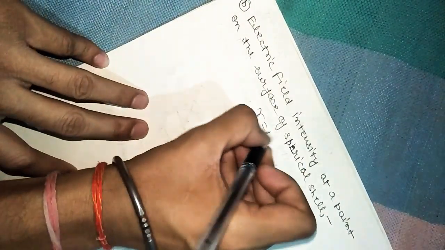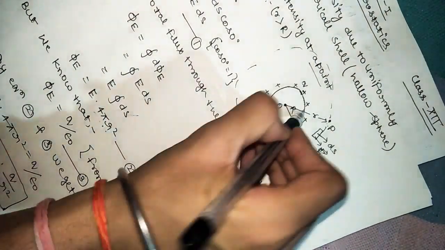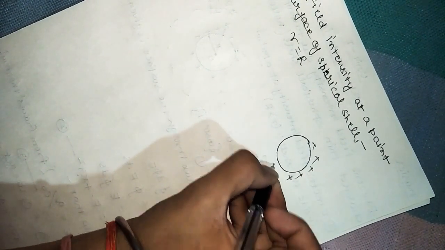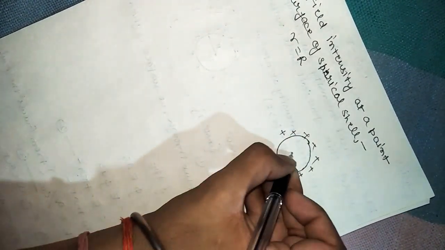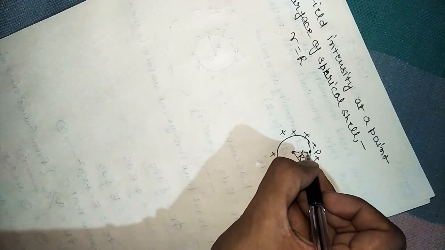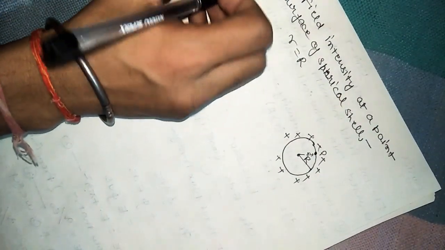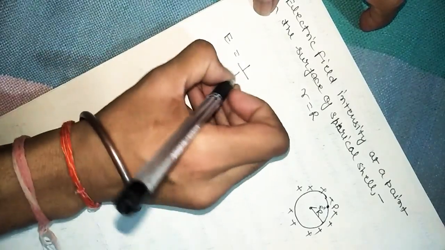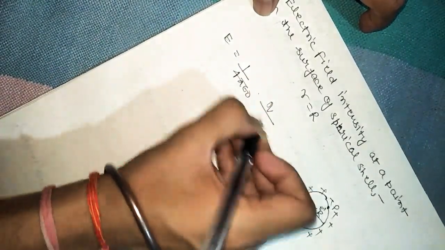So here small r would be equal to capital R. The point is lying on the surface. The diagram can be made as usual: we take a hollow sphere of radius capital R and take point P at the surface. So here small r is equal to capital R. We have concluded earlier the electric field intensity; only in place of small r we write capital R.